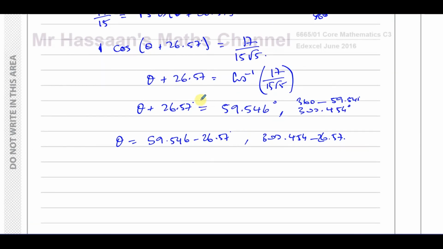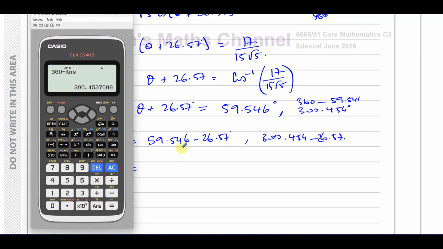If this was given to one decimal place in the question, it would have been better to go back and get the answer to a higher degree of accuracy. But because we want to give the answer to one decimal place, and both of these are more accurate than one decimal place, it's perfectly fine to just use them as they are.